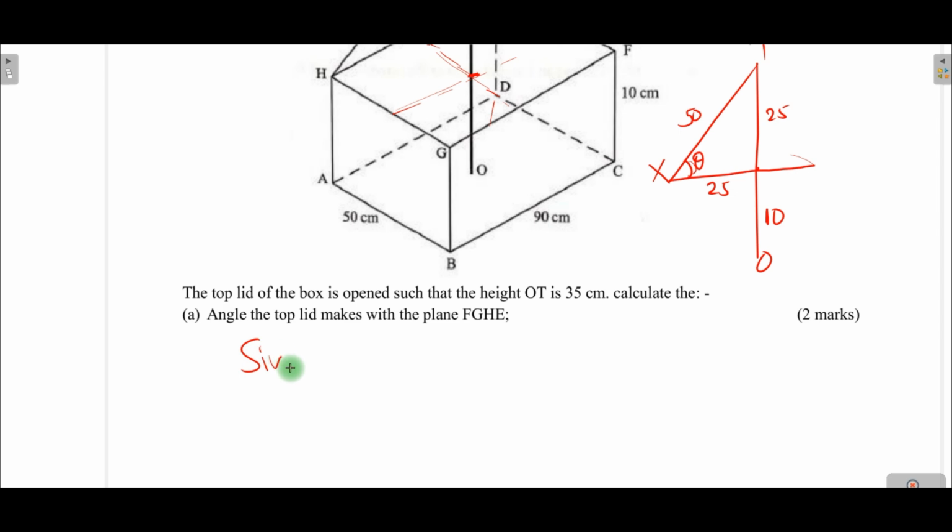So sine theta is opposite, which is 25, over hypotenuse, which is 50. And therefore, if we work it out, theta will be sine inverse of 25 over 50, that is a half or 0.5. And therefore, theta will be 30 degrees. So the angle the top lid makes with that plane is 30 degrees.